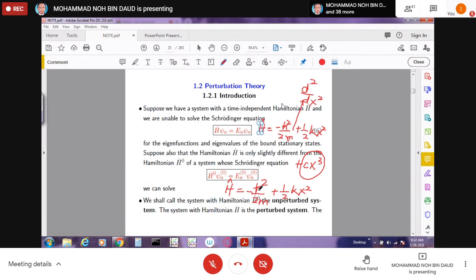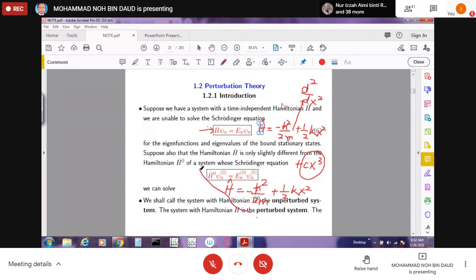So we can say this anharmonic system is perturbed by this potential, and this ideal system with the exactly solvable Schrödinger equation is the unperturbed system.